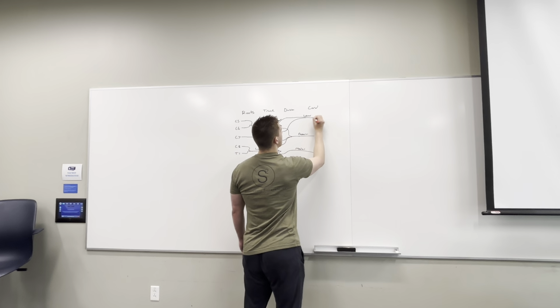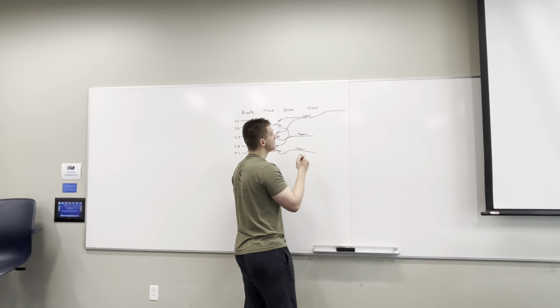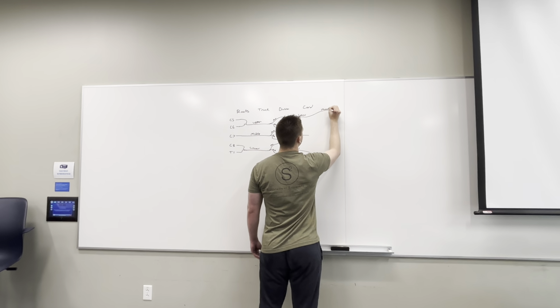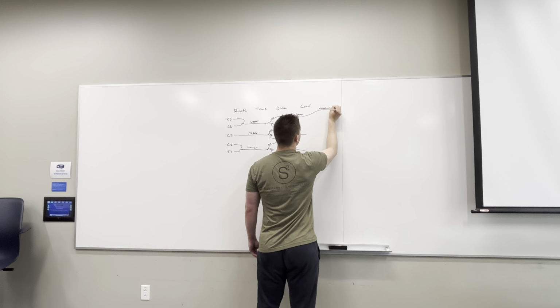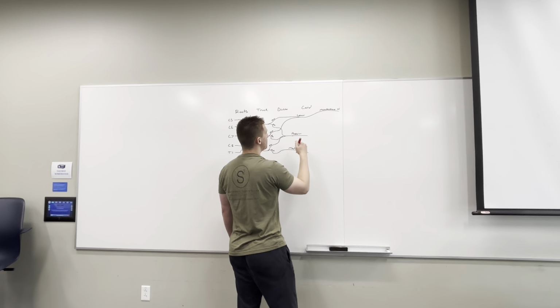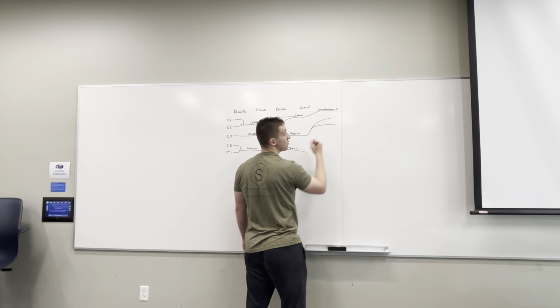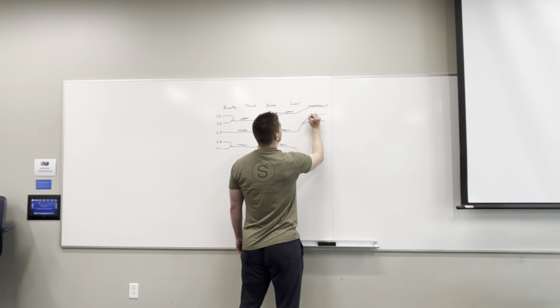The lateral cord goes on to form the musculocutaneous nerve. The posterior cord goes on to split into 2 to form the axillary and the radial nerve.